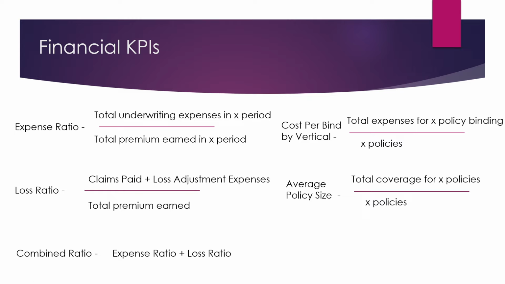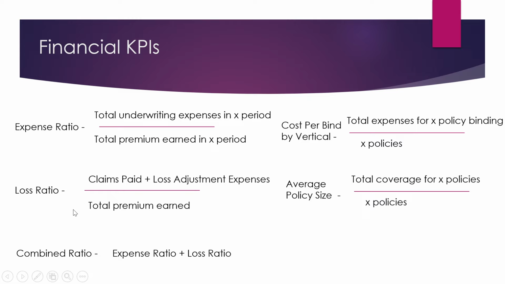If the combined ratio is less than 100%, or less than 1, then my cost is less than the premium I am receiving, and I am in profit as an insurance company. But if my combined ratio is greater than 1, or greater than 100%, that means my cost is greater than the premium I am receiving. In that case, I am in loss.